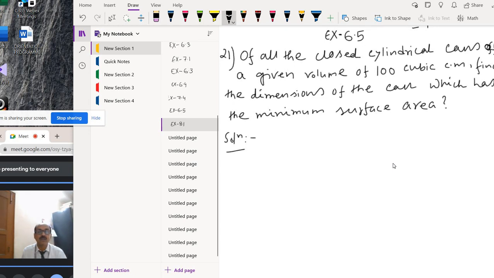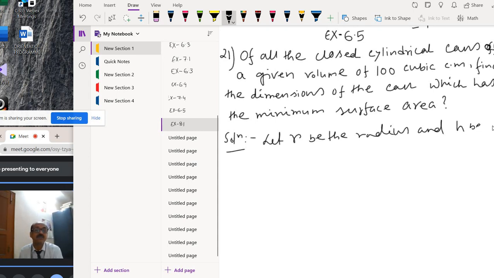Okay, so cylindrical cans, that is cylinder in shape, and volume V equals 100 cubic centimeters. Let r be the radius and h be the height of the cylindrical can.